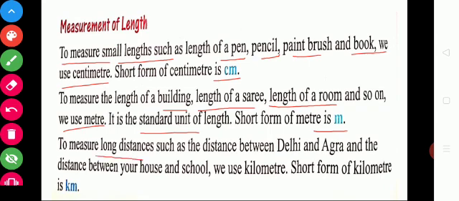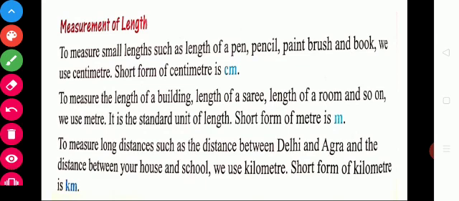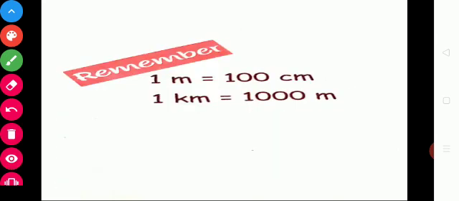To measure long distance such as the distance between Delhi and Agra, or your home to school, we use kilometer. The short form of kilometer is km. Remember this: 1 meter is equal to 100 centimeter and 1 kilometer is equal to 1000 meter.